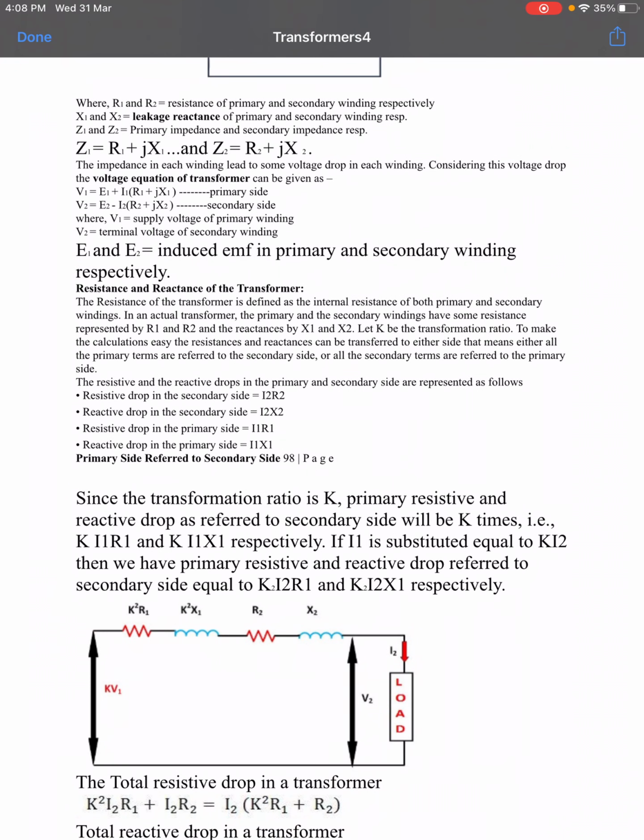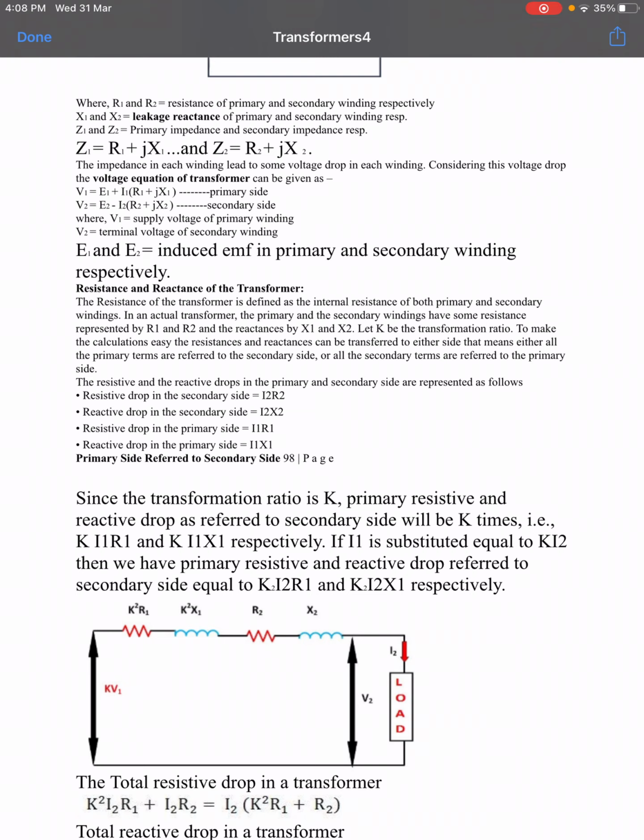Now, with transformation ratio K, consider the primary resistive and reactive drop as referred to the secondary side. We can refer the primary resistive and reactive drops, R1 and X1, to the secondary side. Then K times I1R1 and K times I1X1 we will get.